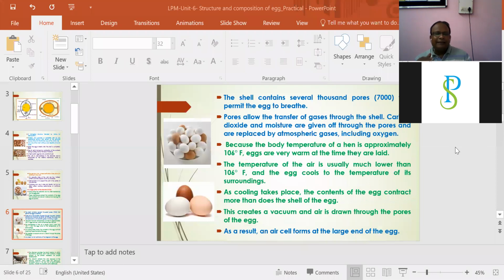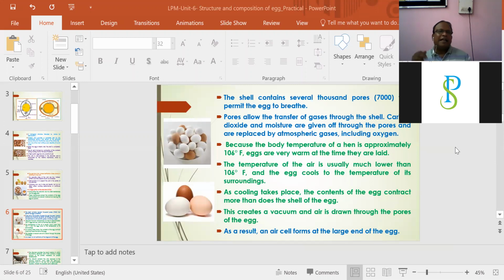The eggshell is the outermost part of the egg, and it is porous in nature. Approximately there are 7,000 to 10,000 pores on it, which permit the egg to exchange air, that is for breathing purposes.